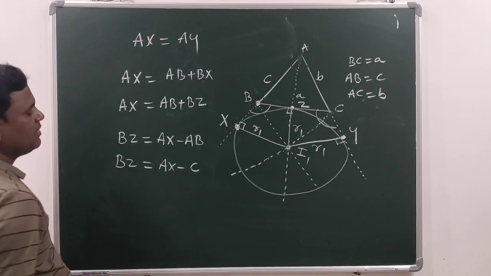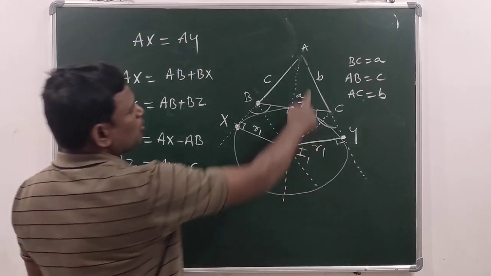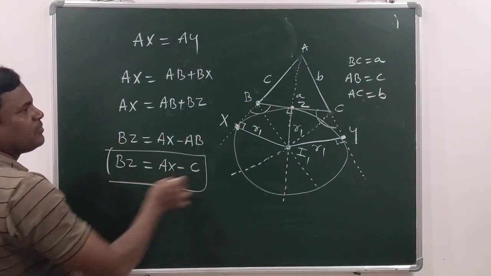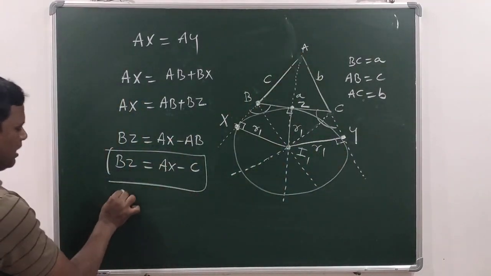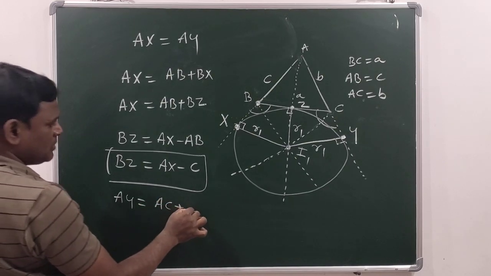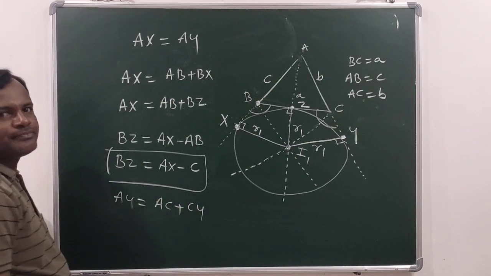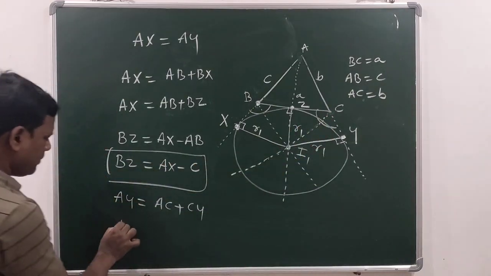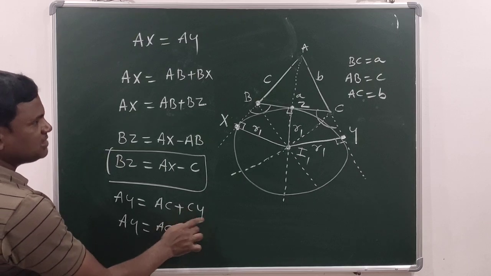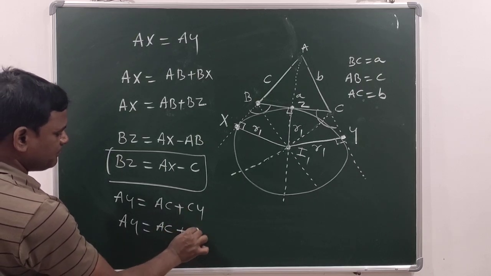Keep it aside. Similarly, go to this side. AY can be written as AC plus CY. In the next step, AY is equal to AC plus, in place of CY, we can write CZ.